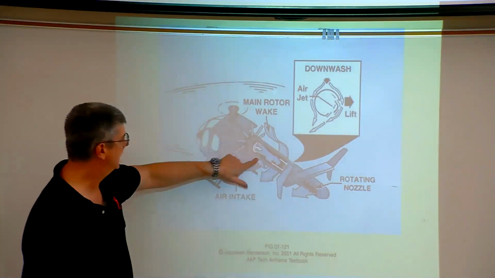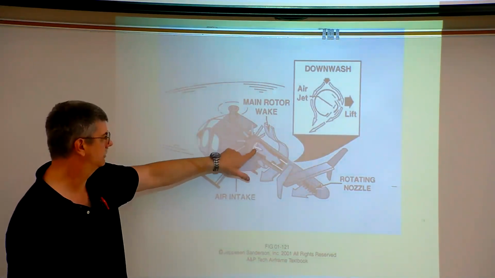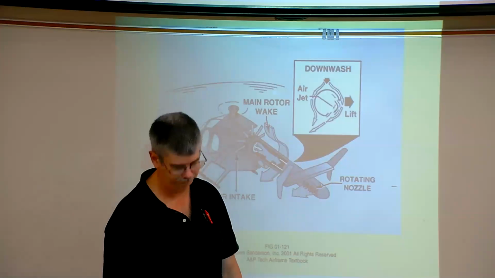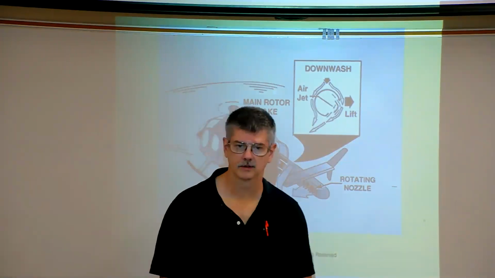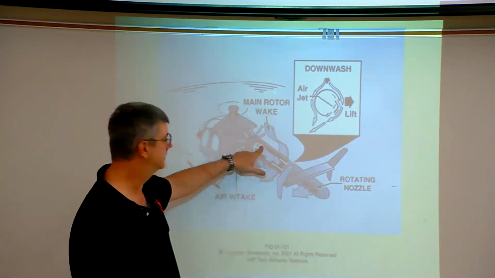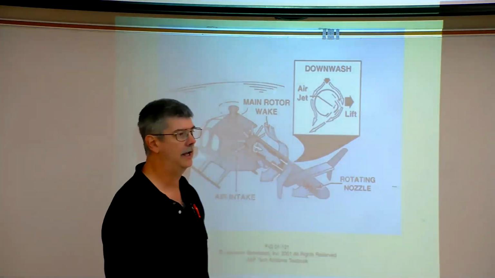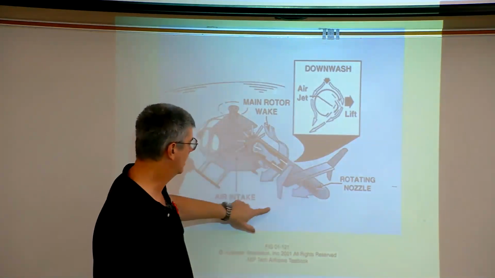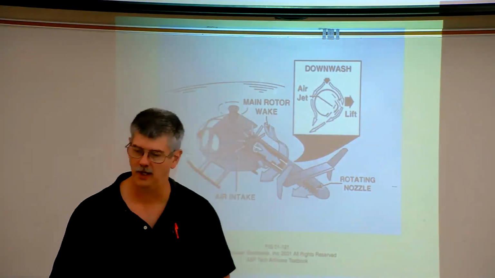Basically, they have the tail rotor inside at the transmission, and all it does is blow air out of a rotating nozzle. These blades are also variable, okay? So if you want to go to the left, it increases the pitch of these, thus pushes more air out to the left, making the tail go to the right and the nose go to the left. If we decrease the amount of air coming out, then the tail goes to the left and the nose goes to the right.